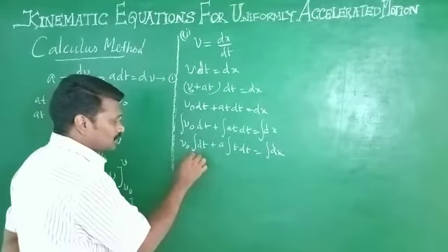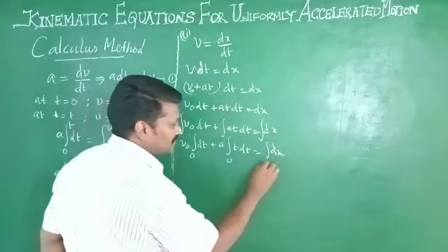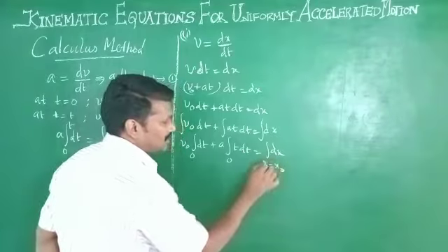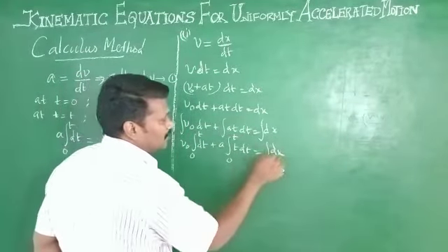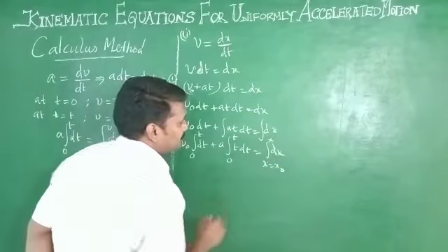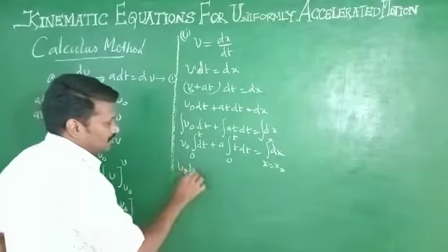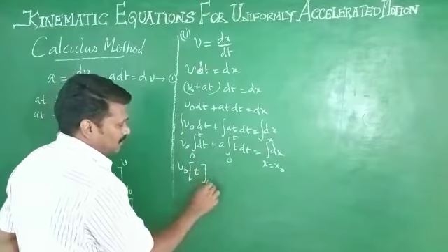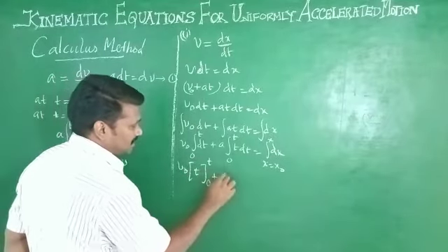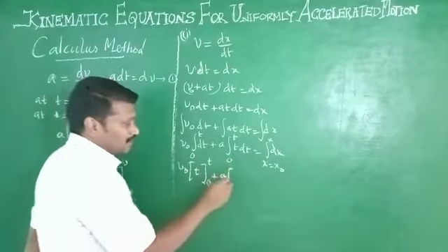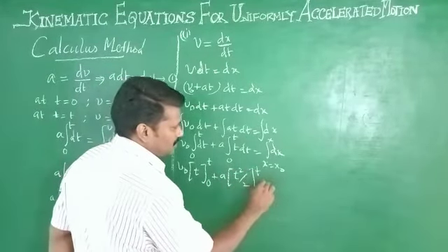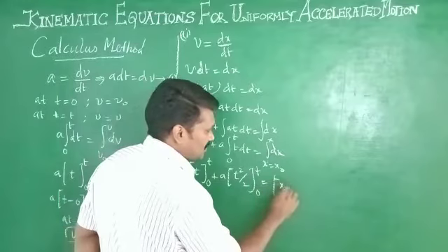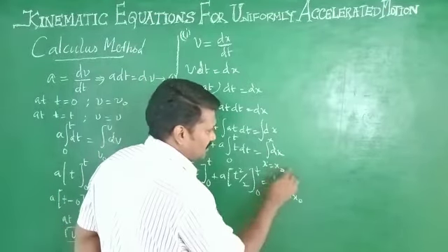Here v naught, the initial velocity, we can take outside, and the acceleration we can also take outside. At t equal to 0, x is equal to x naught, the initial position of the body. At t equal to t, the final position of the body is x. So the integral of dt is t, with lower limit 0 and upper limit t, and the integral of t dt is t square by 2, and the integral of dx is x, with lower limit x naught and upper limit x.